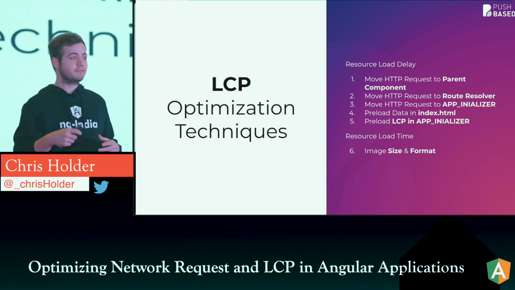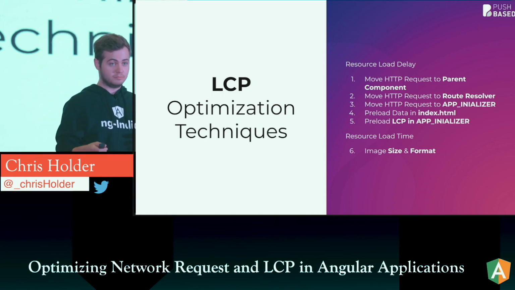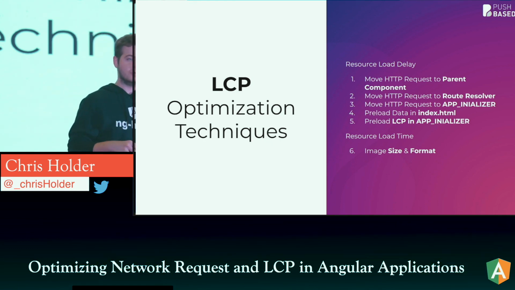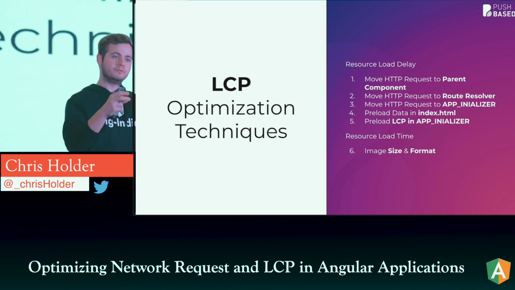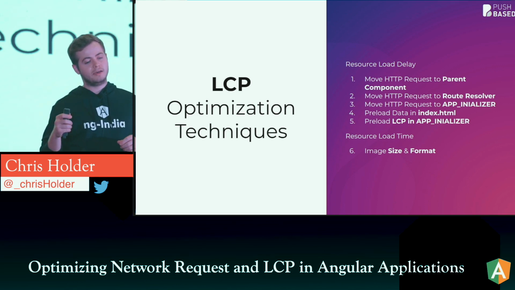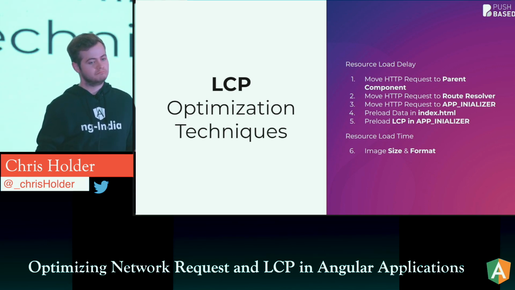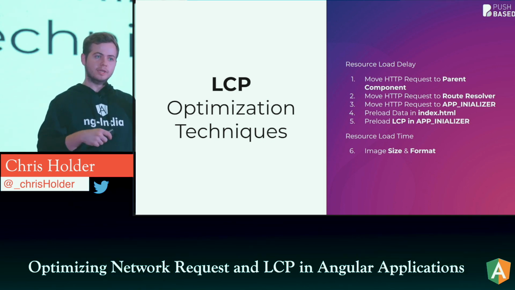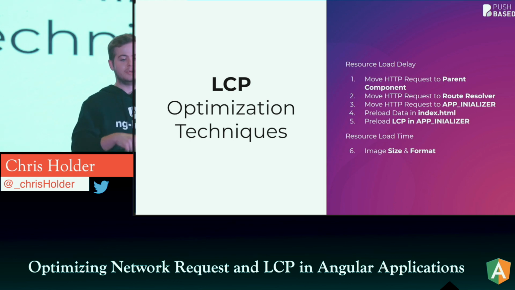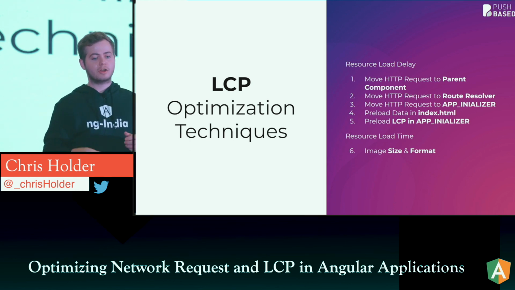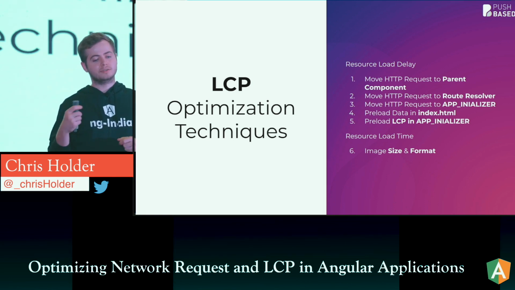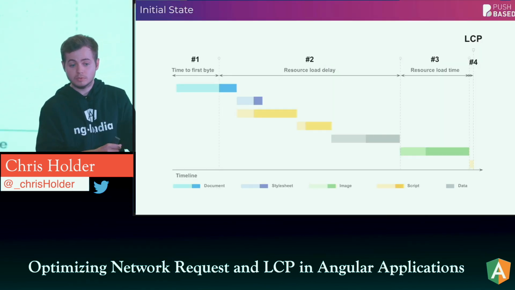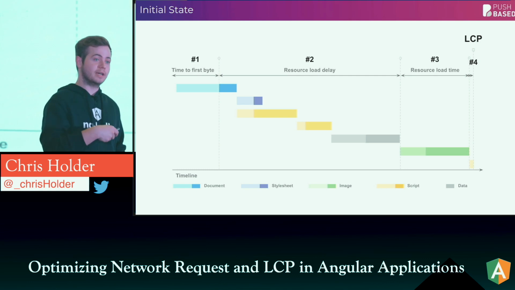Then, instead of fetching the data directly inside of JavaScript, we injected a preload link tag to fetch the data inside of the index.html. And when the data was ready inside of the app initializer, we actually preloaded the images themselves. Then we talked a little bit about optimizing the images, changing the size and the format, and using some of the best practices. So let's review what we learned with the actual data.